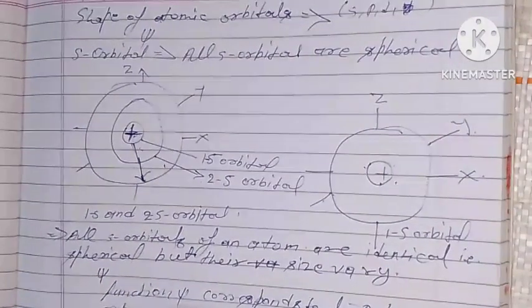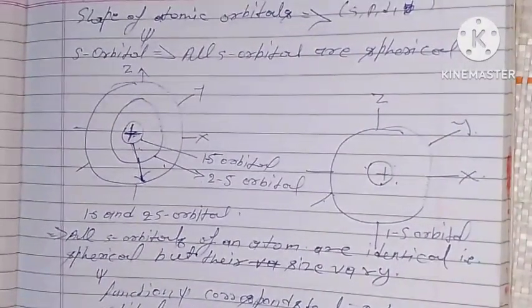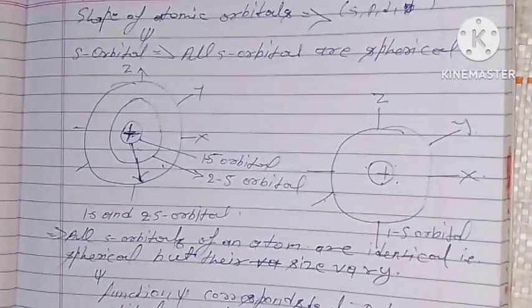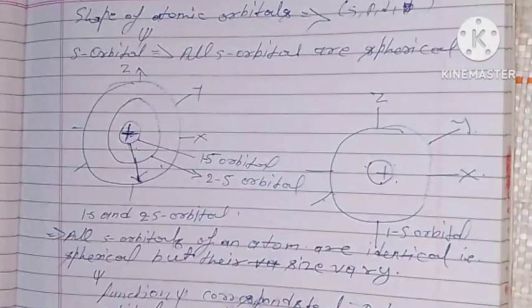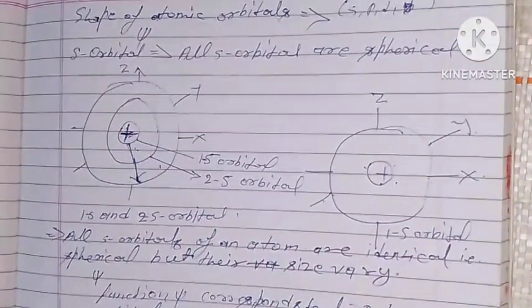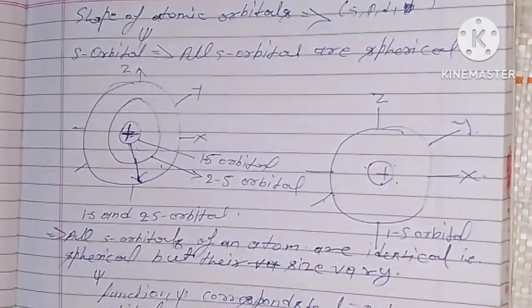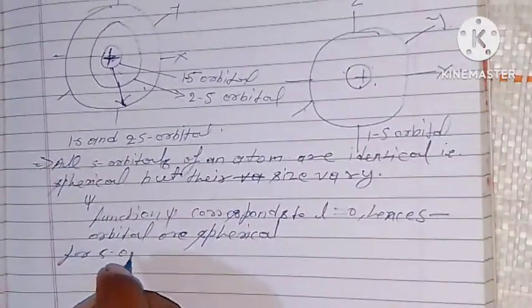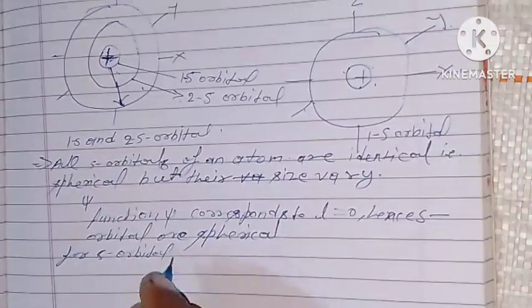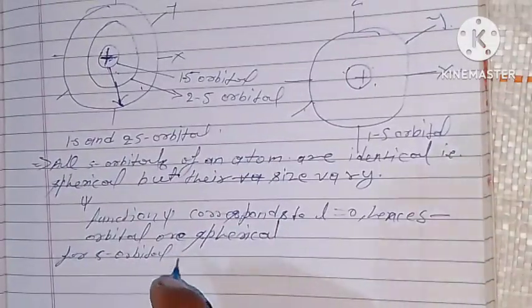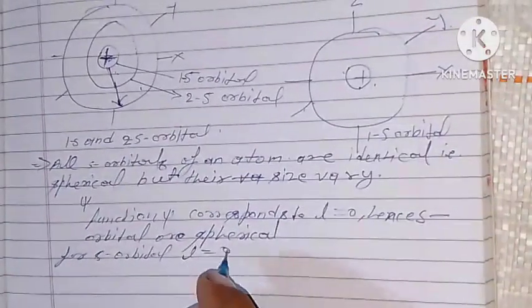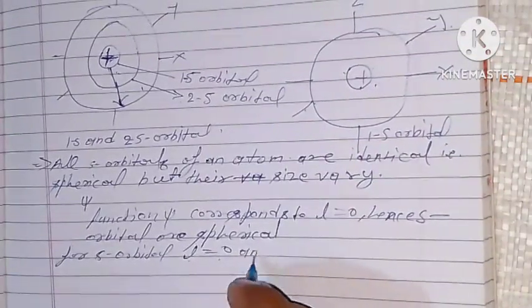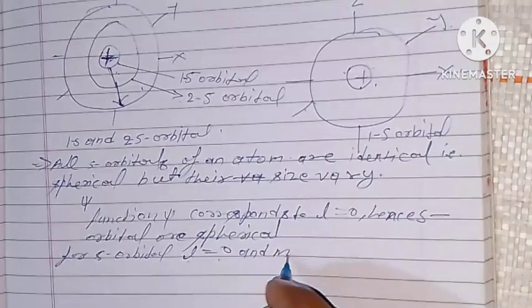S orbitals are spherical. For an s orbital, l equal to 0, that means the azimuthal quantum number is 0 and the magnetic quantum number m is 0.